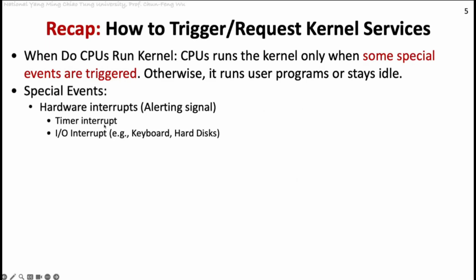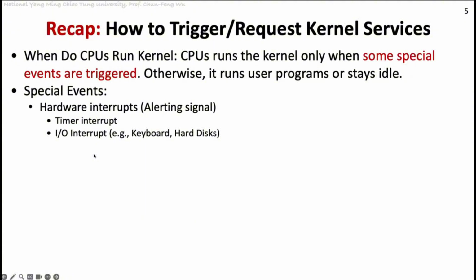Usually each process only has a given time slot. After running out the given time slot, the CPU will raise a timer interrupt to say, hey, it is time for you to switch to another process. So this is about the timer interrupt.